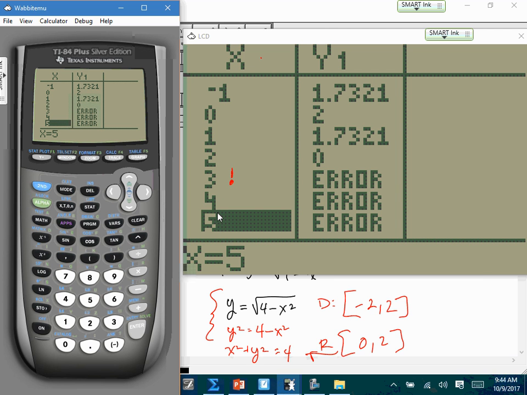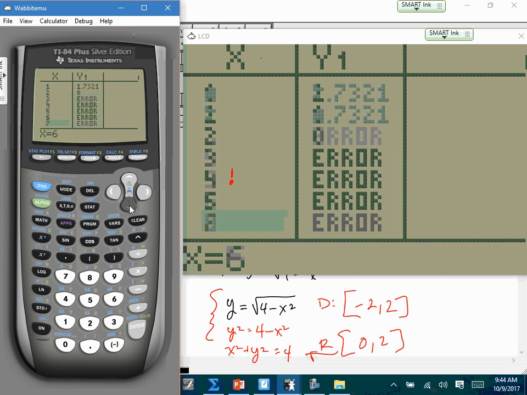Because if my x value is part of my domain, I should be able to plug it in and get a y value back. Here it's saying you plug 5 in, but you don't get anything back. Because if I plug 5 in, I get 4 minus 25, which is negative 21, so I'm getting the square root of negative 21. Well, that's not a real number, so that's why it's spitting back an error. So we see here that the errors continue all the way past 5.